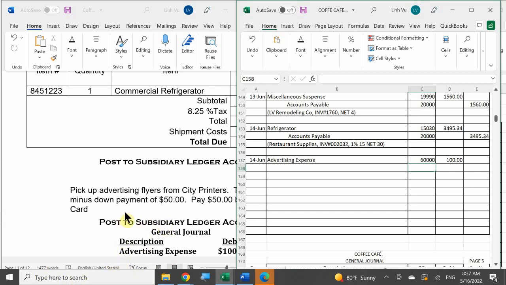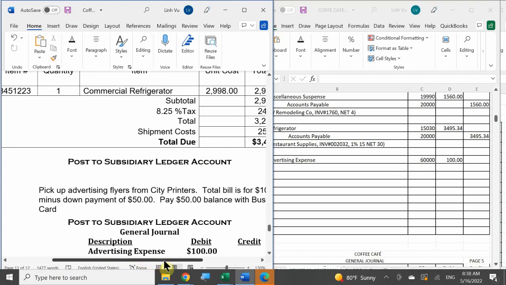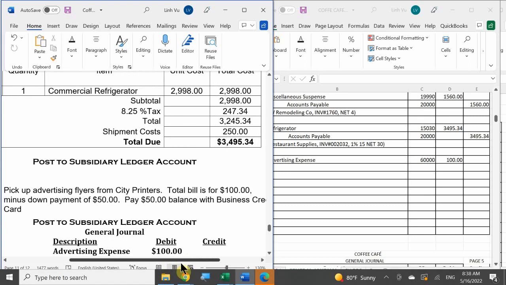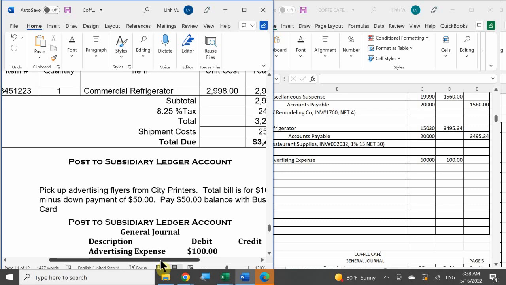We paid a down payment and paid with the credit card. We paid with their credit card, $50, and we also had what else? That was also $50.